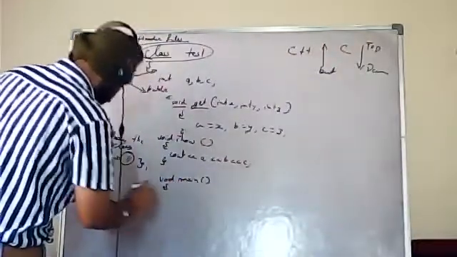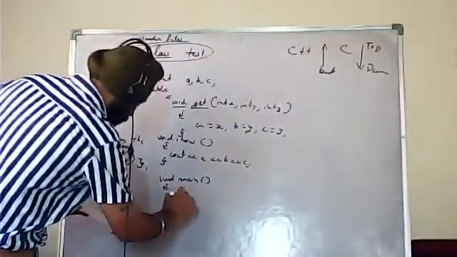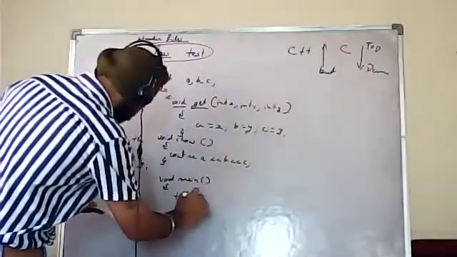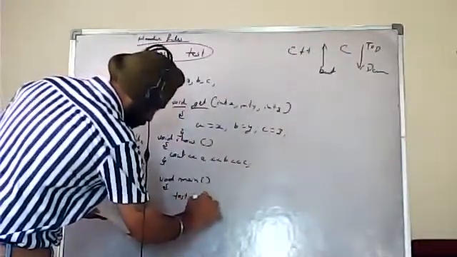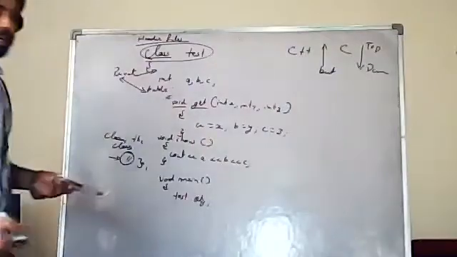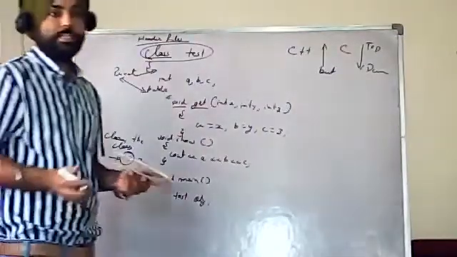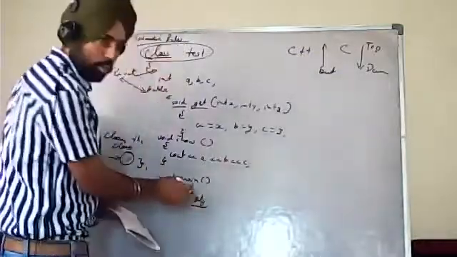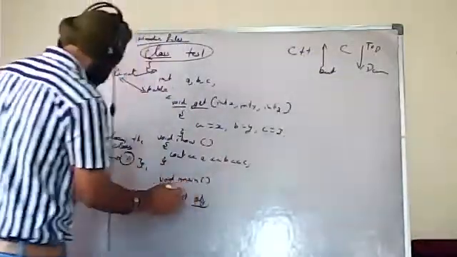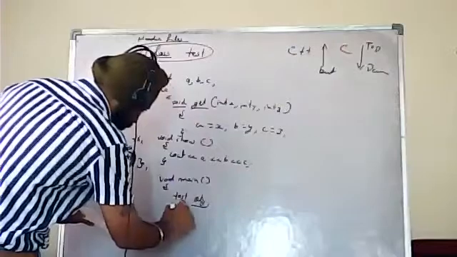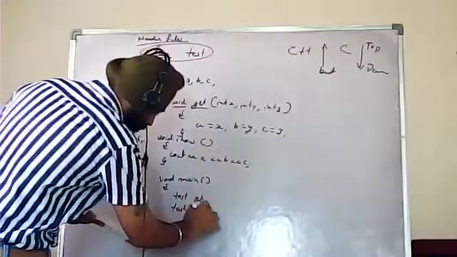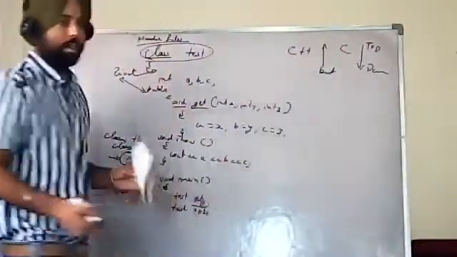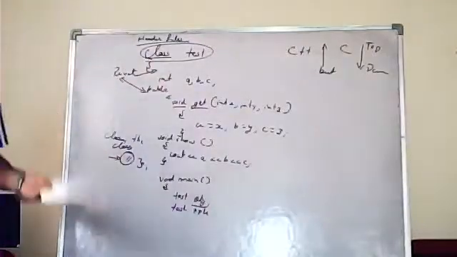In the main function, we are creating the object. So obj is the name of the object, and we pass the pointer variable because we are taking the example of pointer to an object.